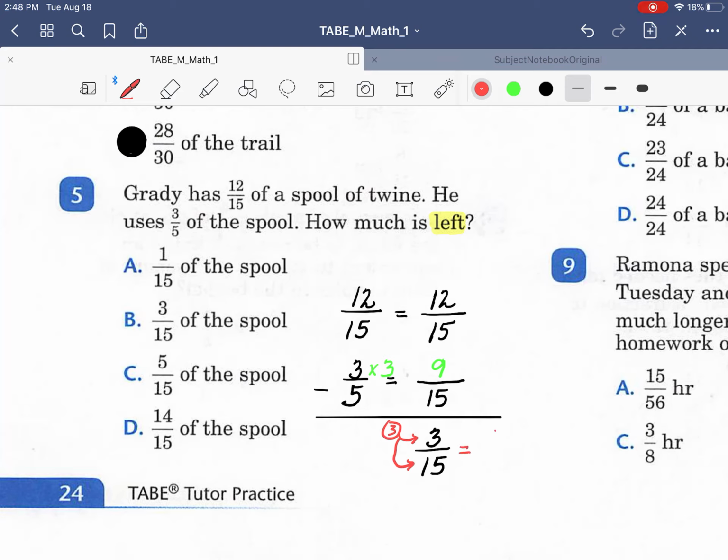That will simplify. 3 into 3 is 1, and 3 into 15 is 5. But they want the unsimplified version, which is B, as in boy.